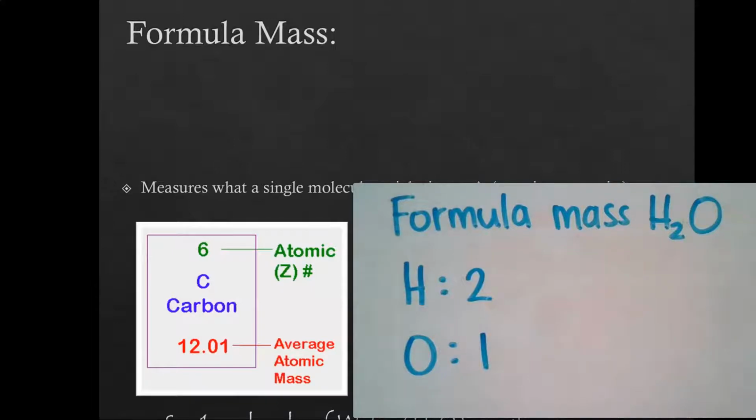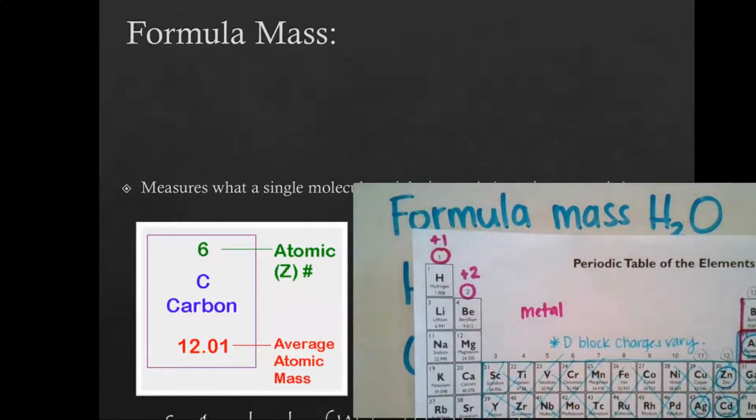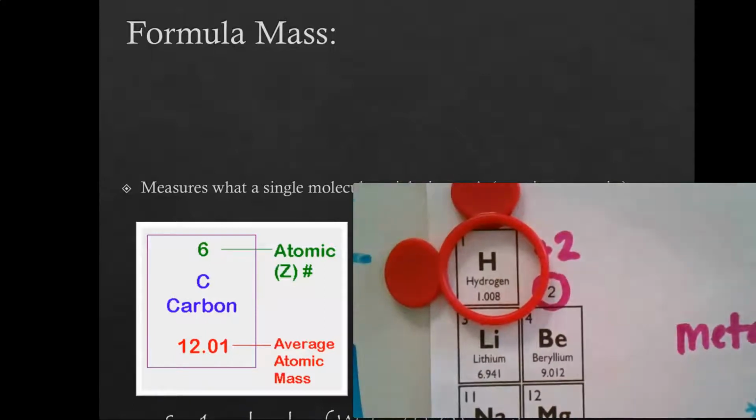The next thing I'm going to do is look up each of hydrogen and oxygen's average atomic mass. I'm going to use a different periodic table for a moment that's a little easier to see. So we're going to start by looking over here at hydrogen. And I can see that hydrogen's average atomic mass is 1.008. And we're going to always round off to 2 decimal places.